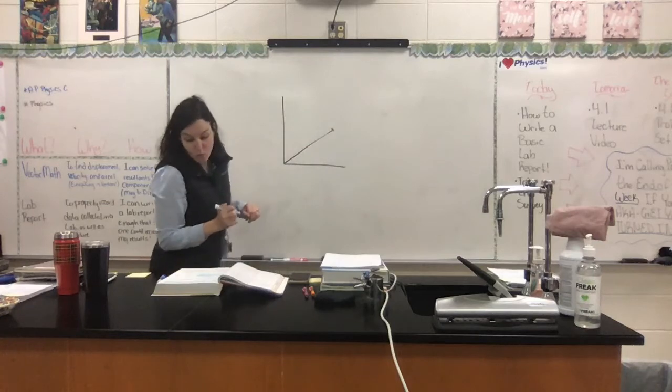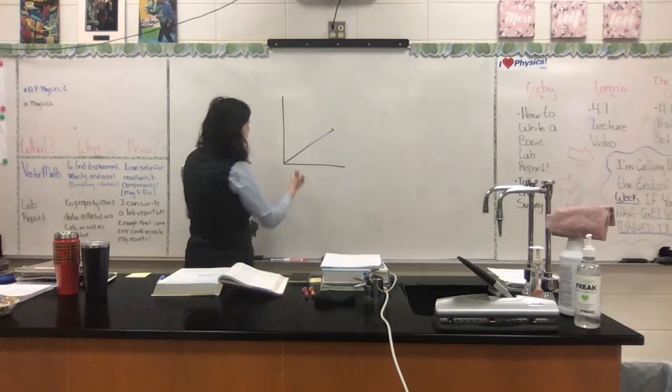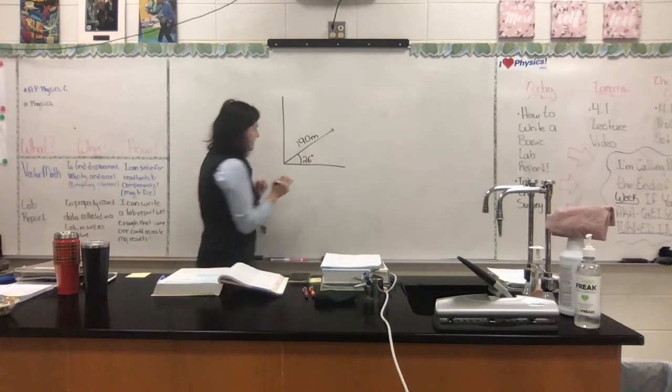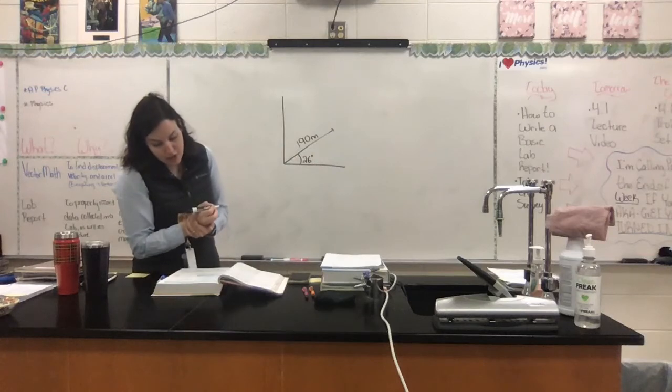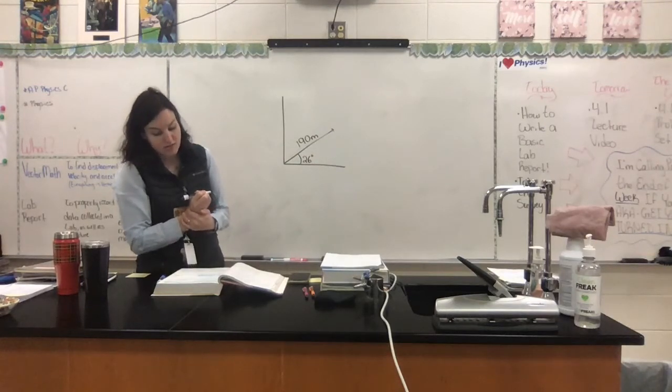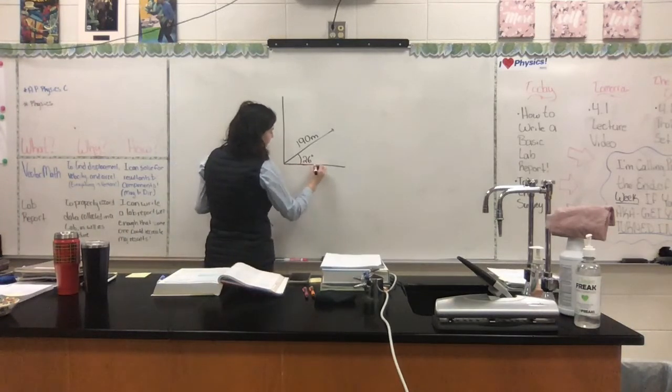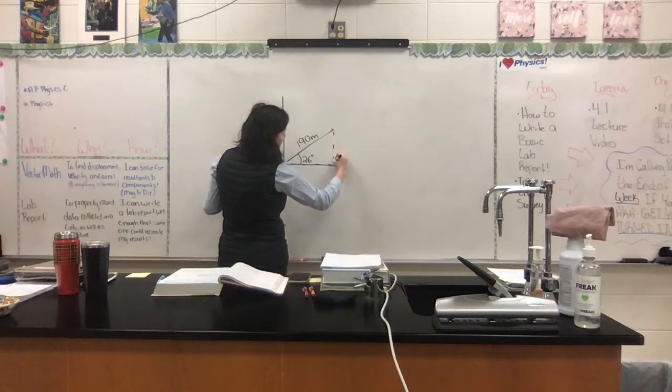And it says that it's 190 meters and 26 degrees north of east. During the ride to the top, how far have you gone in the horizontal direction and in the vertical direction? So it wants to know our x and it wants to know our y.